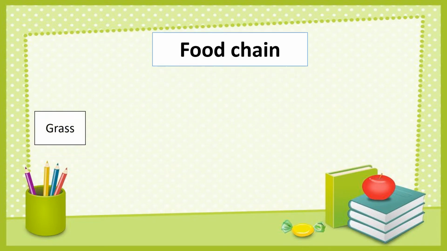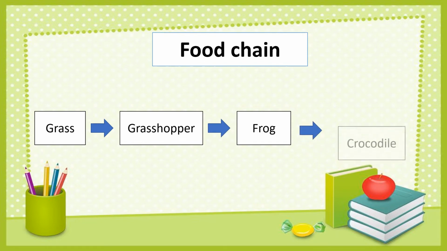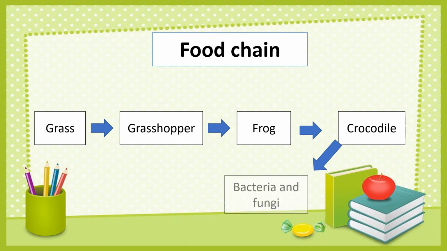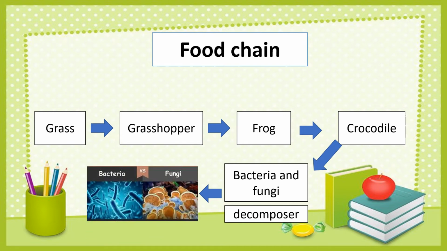So again, I used the example a while ago, wherein grass is our producer, and then the grasshopper eats the grass, the frog eats the grasshopper, and then the crocodile eats the frog. And then if the crocodile dies, bacteria and fungi will break down the body of the crocodile. So bacteria and fungi are the decomposers in this food chain.